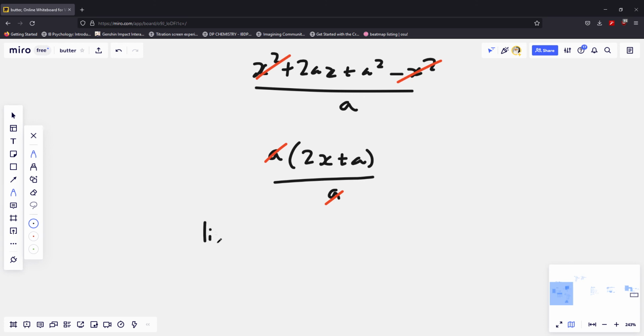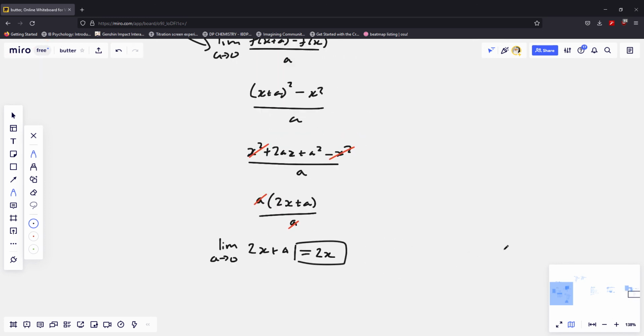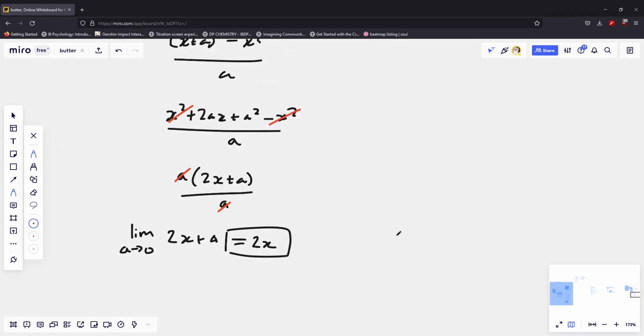And now, remember that we still have our limit. As a approaches 0 for 2x plus a, this just becomes 2x, because as a approaches 0, the a is gone. We're adding 0, which doesn't affect anything here. So we have 2x. So we say 2x is the derivative of f of x, which is x squared.